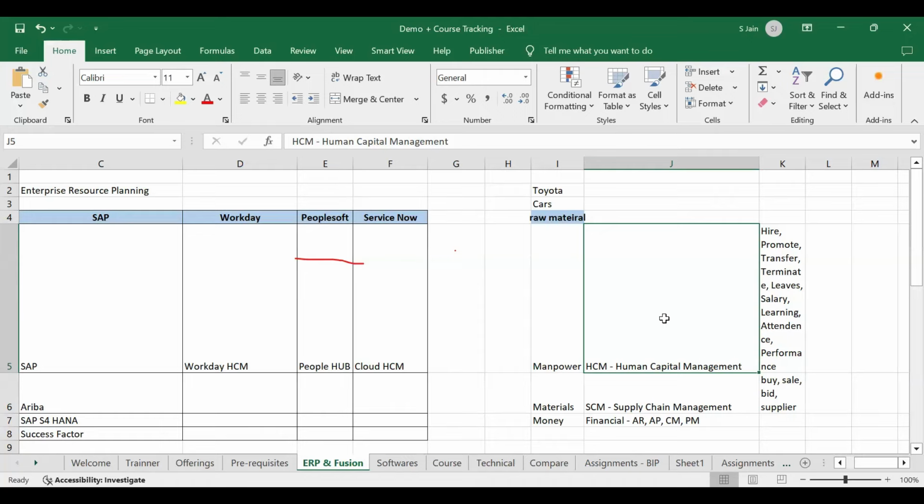All these sorts of transactions that are happening in the organization related to the people of the company can be handled through the human capital management software or the tools that are available in the human capital management category.